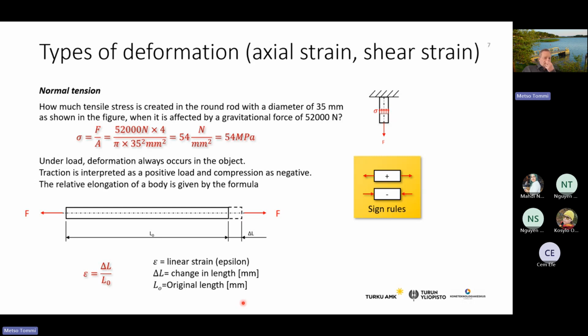And here's the normal stress equation. Normal stress can be calculated from force per area. And of course, those chain rules are also in the picture.